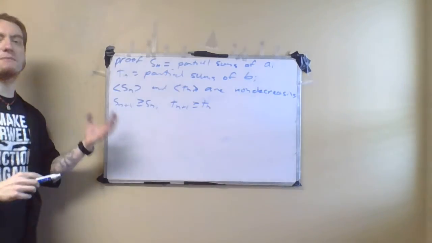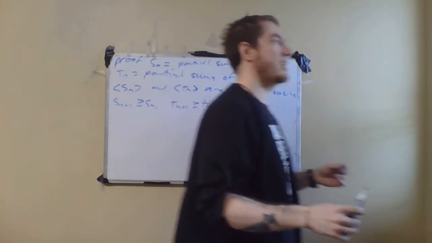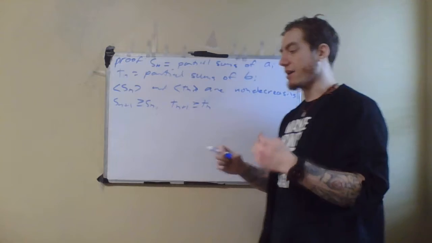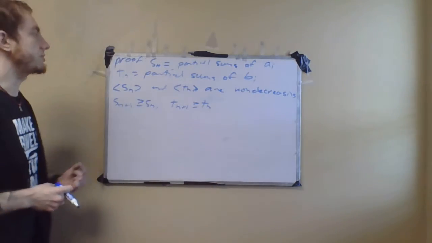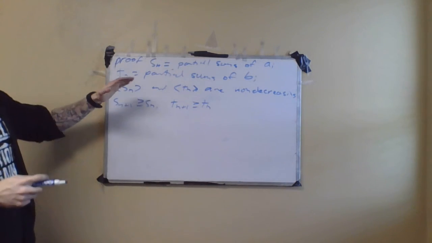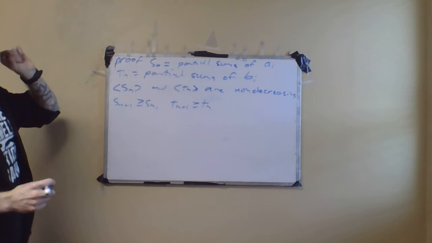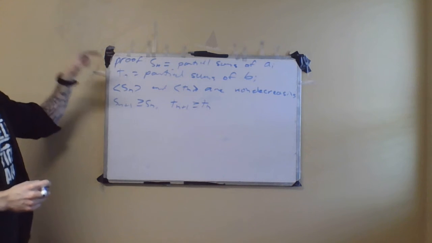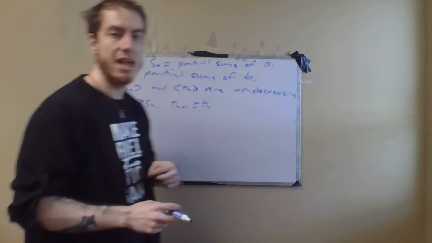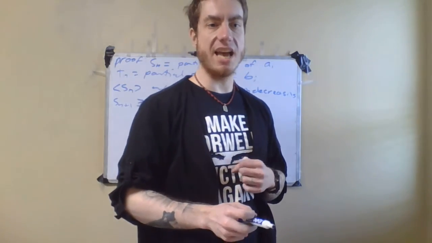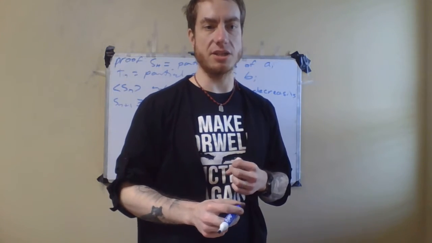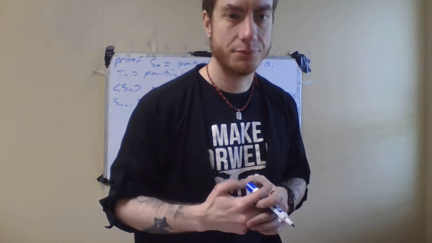This is actually kind of obvious because we said that the a sub i and the b sub i are bigger than or equal to 0, so each partial sum is either remaining unchanged or it's having something positive added to it. And therefore, we get this nice relationship here.